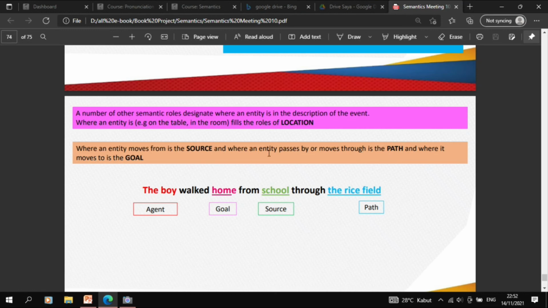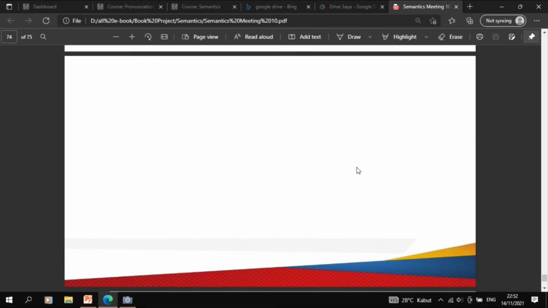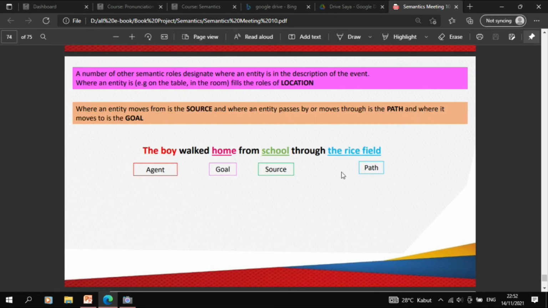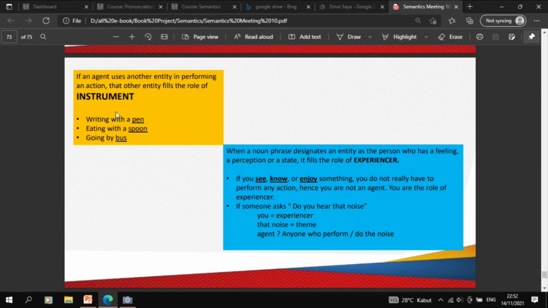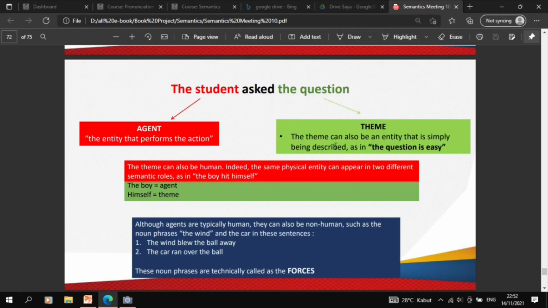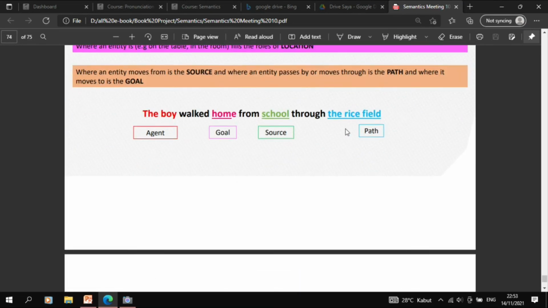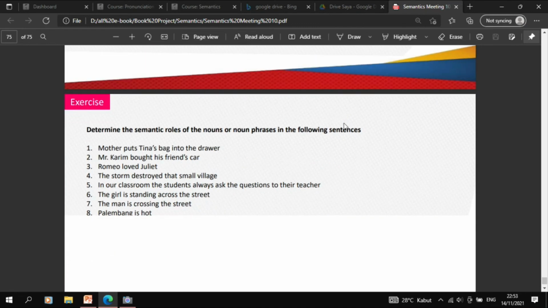Okay, so I think that's all that we already know for path, source, goal, experiencer, instrument, and then forces, theme, and agent. So what you have to do after you have listened to my explanation is another exercise. The same like before, please determine the semantic roles of the nouns or noun phrases in the following sentences.